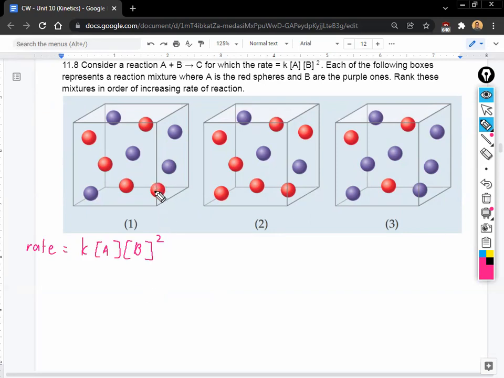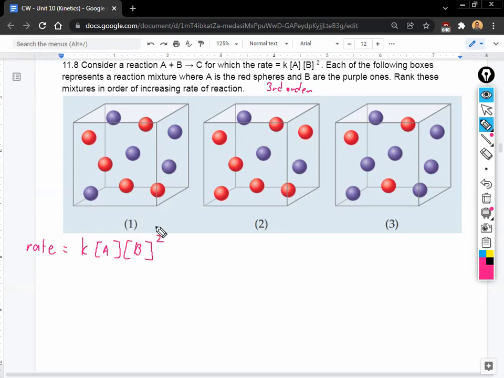Then we're going to apply this to reaction number 1. Before we do that, just for practice, what's the reaction order? Yeah, 3. Third order, because it's 1 plus 2.